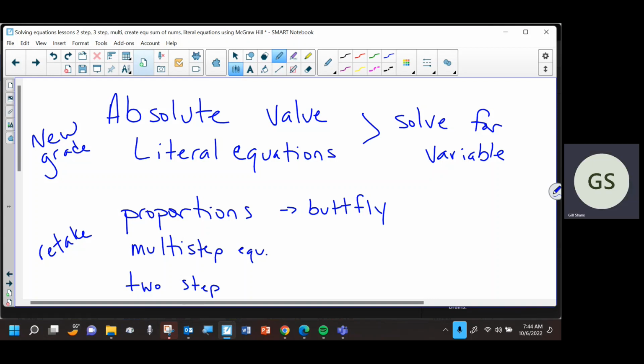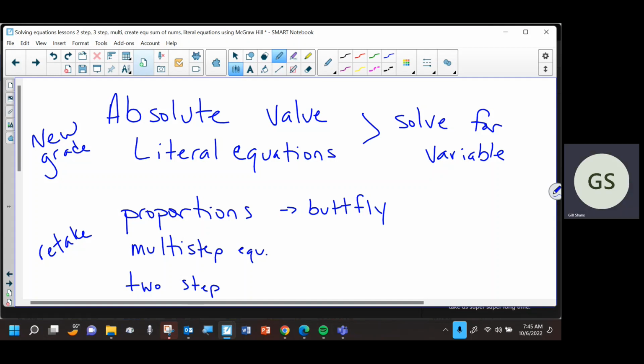Might even try to squeeze one. I don't want it to be a super long test, and unfortunately these take a little while because you have to do the equation twice, but they're really just two-step equations, so they shouldn't take that long, even though you have to do it twice. Literal equations, again, they're not really complex equations, not the ones I'm going to give you at least. So they shouldn't take a super long time.